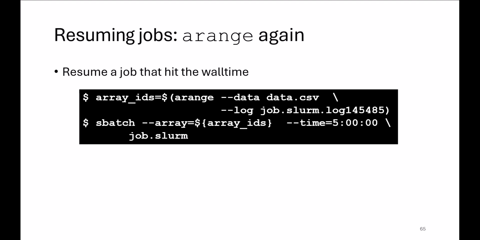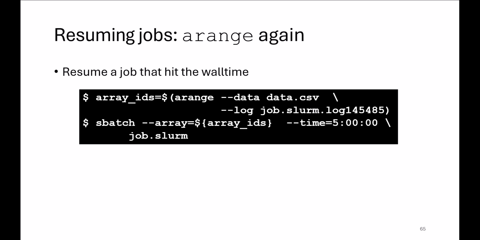Now, suppose that not all tasks finished successfully, in the sense that some of them were actually terminated by the scheduler because the wall time was exceeded. In that case, what you want to do is run the array IDs for which you have a start event but not an end event, or for which you don't have a start event in the first place.